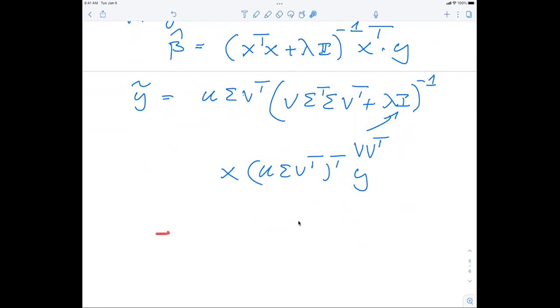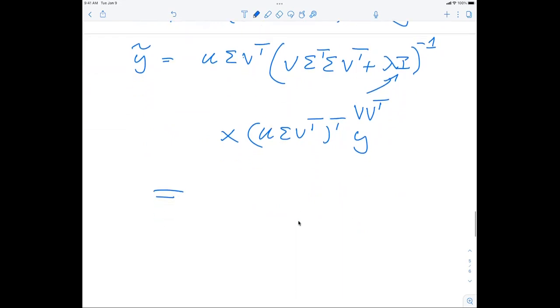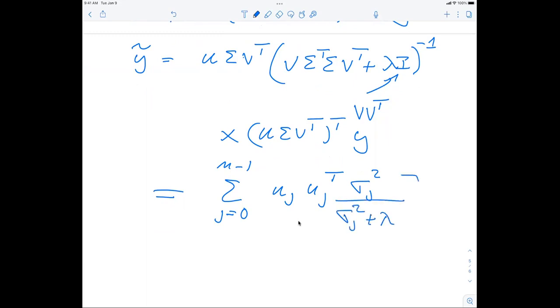So that means that when I do the math here, what I get is a sum over all the vectors, from 0 to n minus 1, of u_j u_j^T, but now multiplied with the singular values squared, sigma_j squared over sigma_j squared plus lambda, and multiplied with y.